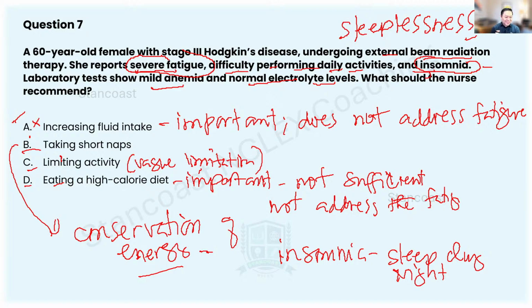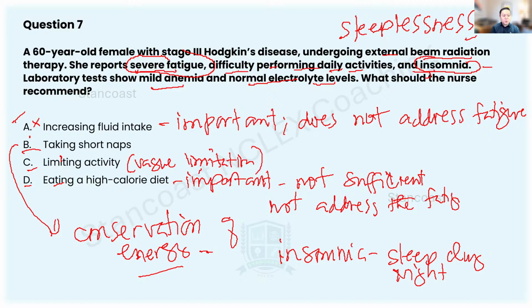And again, you can debate this all day long. Our goal here is really to diminish the severe fatigue of our patient. This is really the main concern here in our question. It's not really about the insomnia, guys. Yeah, it isn't. So I just want to clear things here.